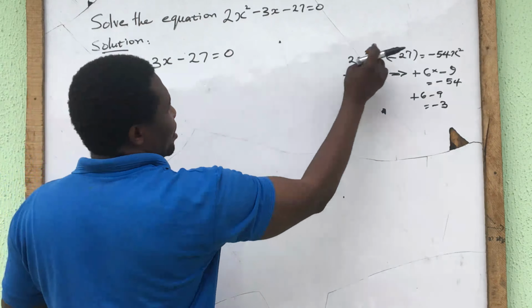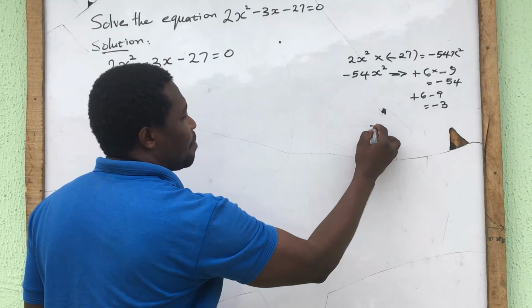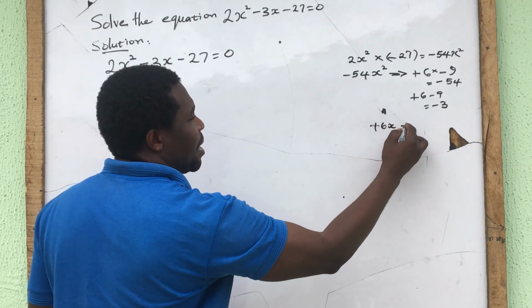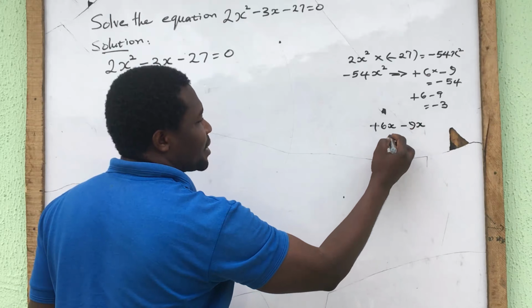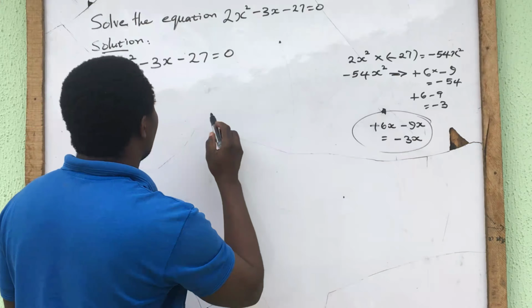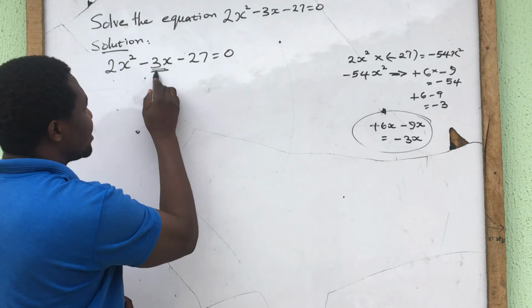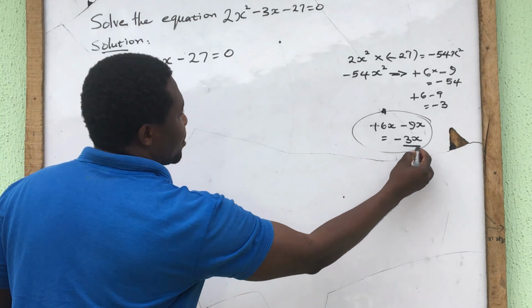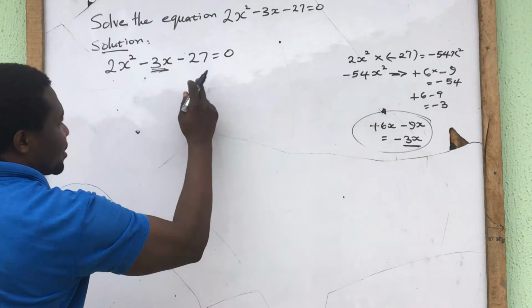We are going to have minus 54 here. So therefore, our factors now, we are going to have plus 6x minus 9x, which gives us minus 3x, and this one now we use to replace the minus 3x here.